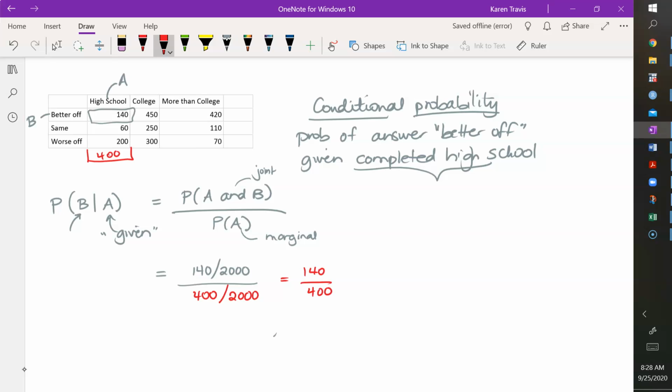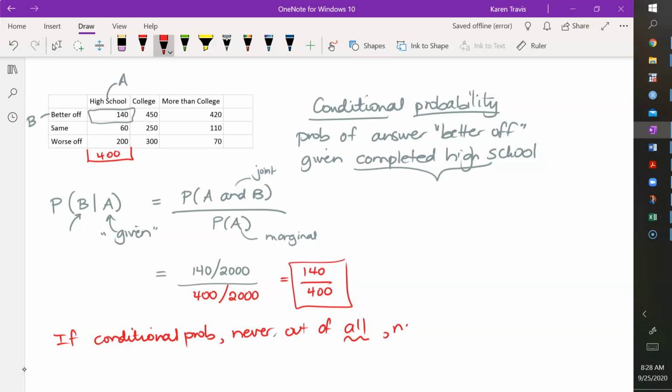Now, as a note here, if it's conditional probability, it's never out of all. So notice this resulted in out of 400, not out of 2,000, like what happened with the joint one was out of 2,000 and the marginal one was out of 2,000. But once we complete this, the conditional probability of answering better off given completed high school is not out of 2,000.